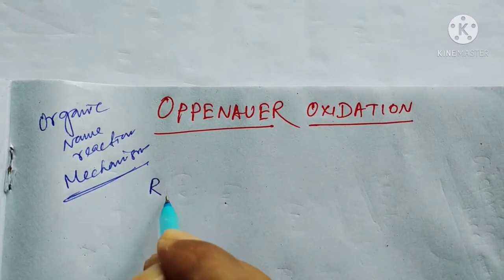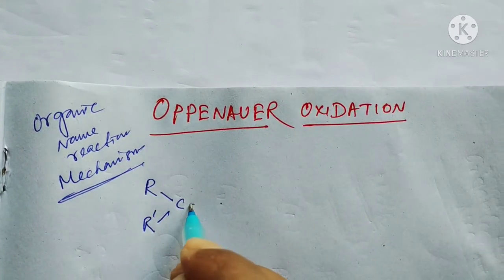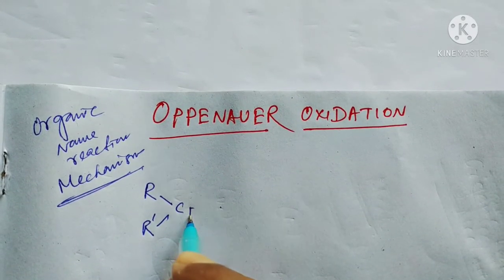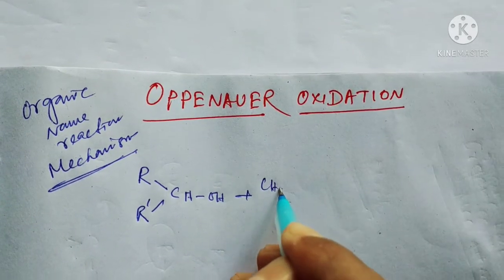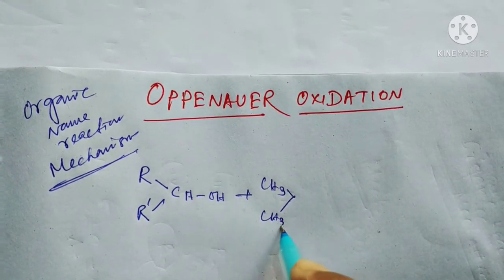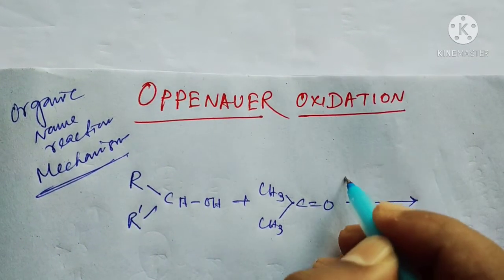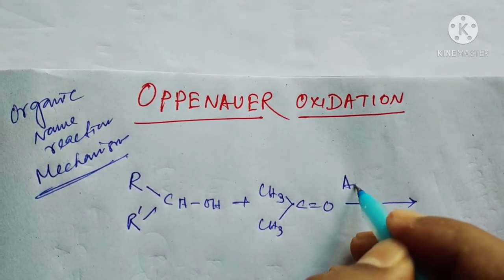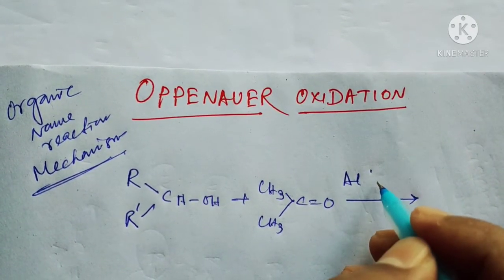Say this one is one of our secondary alcohols, and this one in presence of acetone and aluminum tertiary butoxide.